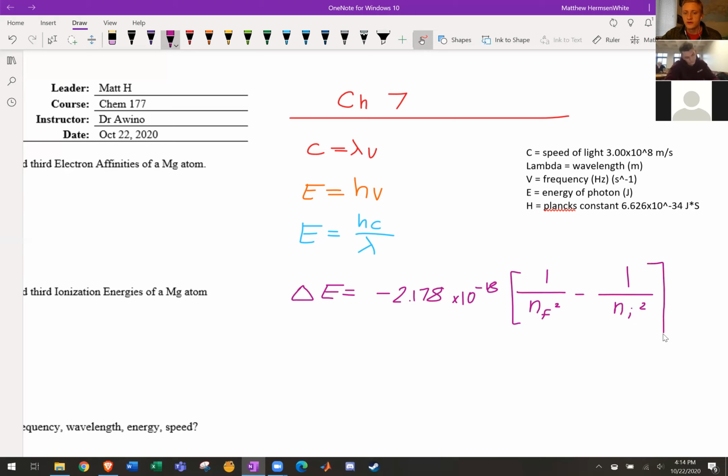So this was the one where we used the orbital levels. And so you were saying if you had an electron that moved from one n level to another one, then this would be the energy change associated with that.